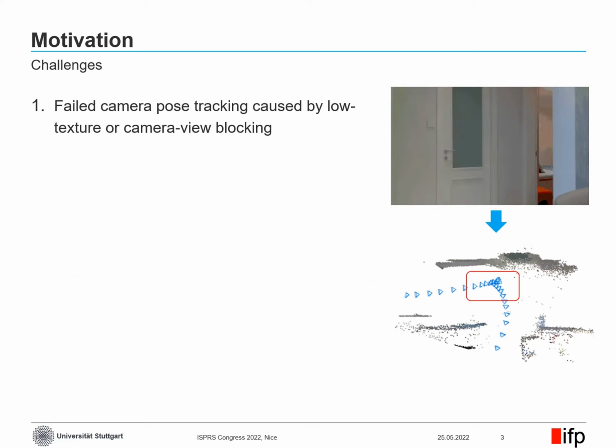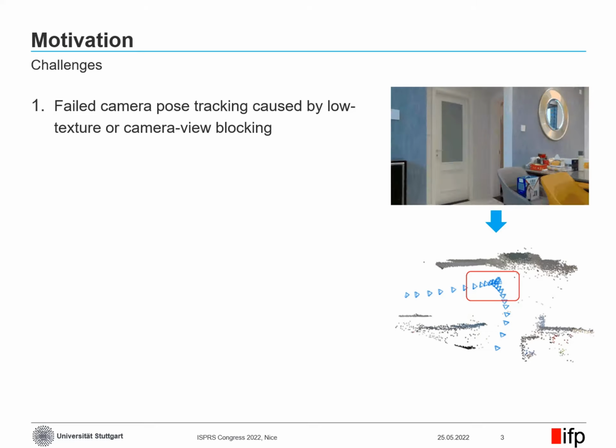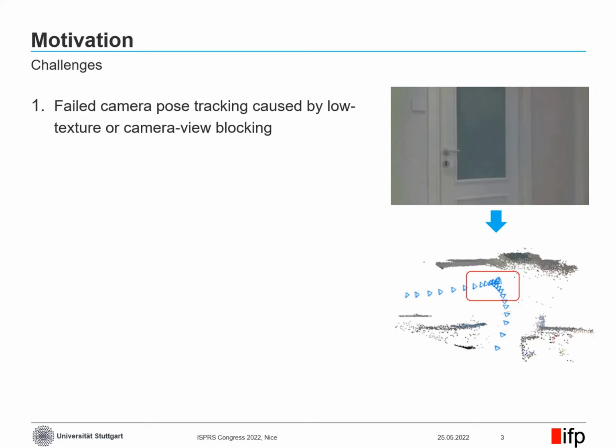However, we observed several challenges for visual SLAM systems. The first one is the failed camera pose tracking due to low texture or camera view blocking. As can be seen, when the robot approaches and passes the white wall, the system failed to track, resulting in an unsmooth trajectory.